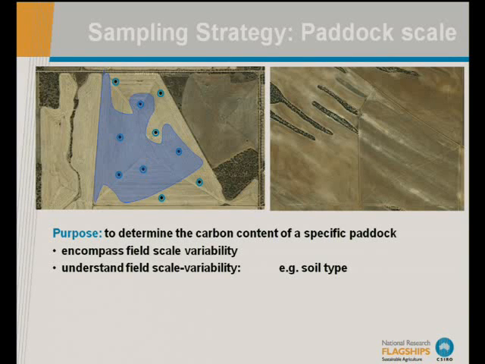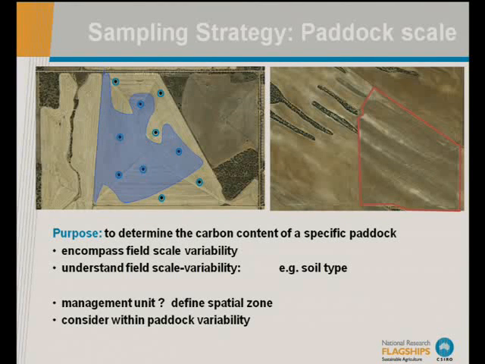It's less obvious on this side of the paddock where you've still obviously got the dune system going on and you have variability in your landscape characteristics and potentially your carbon content. And it might be important to take that type of variability into account when you're designing your sampling strategy. In that specific case, you might like to take a similar approach to the underlying variability in soil type and actually provide a zone stratification type approach to ensure that you're incorporating both those hill slopes and swales in the sampling strategy.